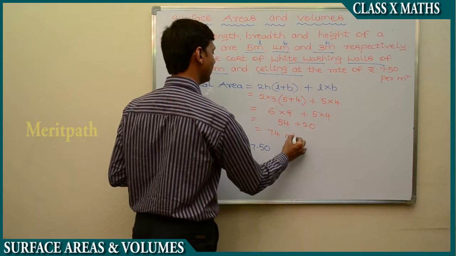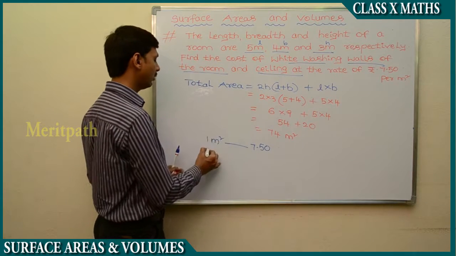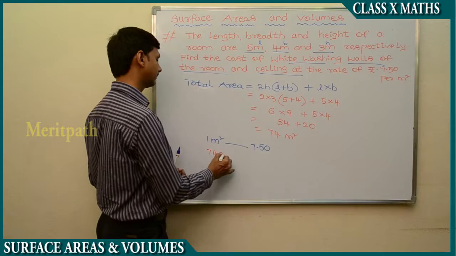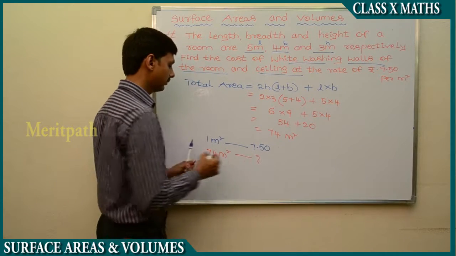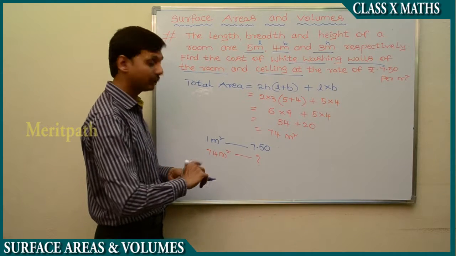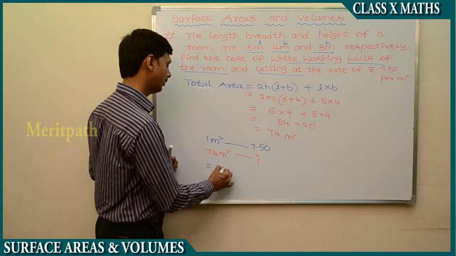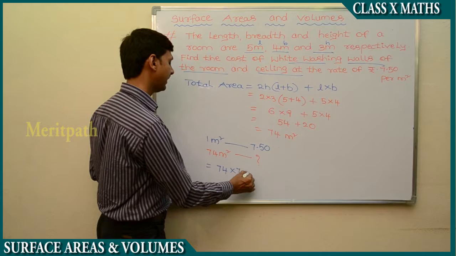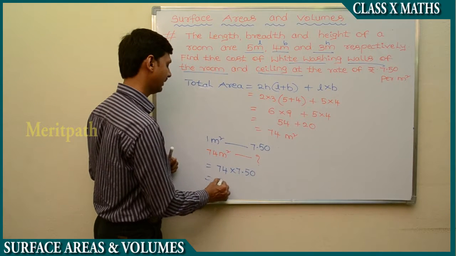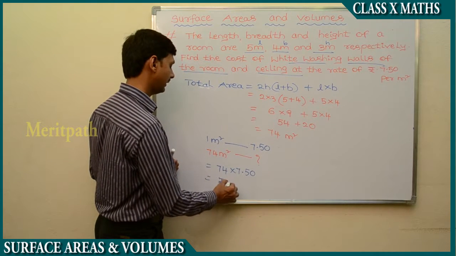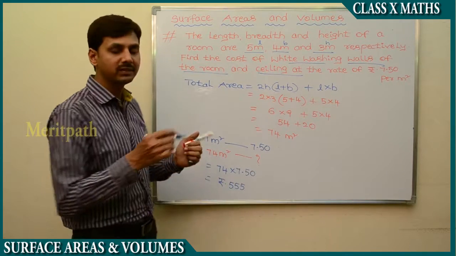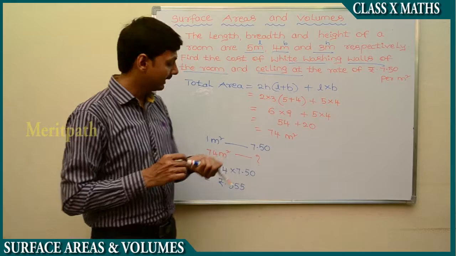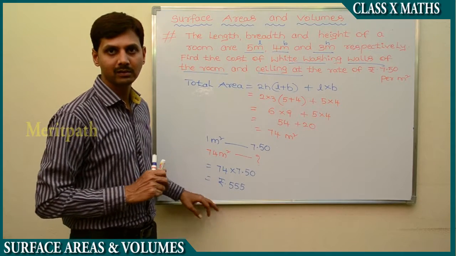So we just need to multiply: 74 into 7 rupees 50 paise. Let's multiply, and we get 555 rupees. So the total cost for this room along with the ceiling is 555 rupees.